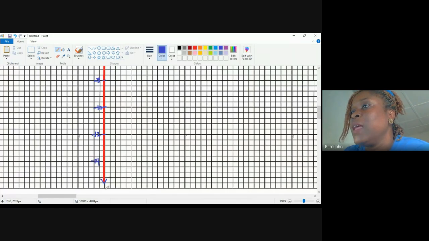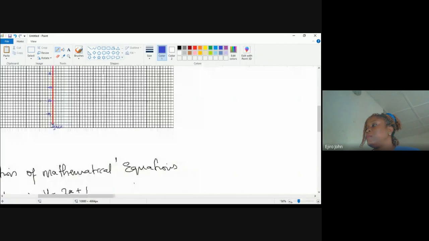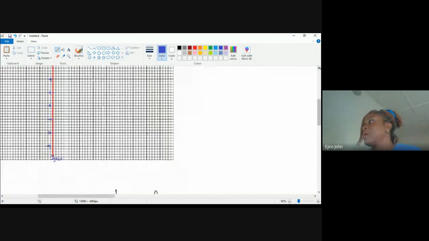So this is the negative y-axis. Our graph is set.